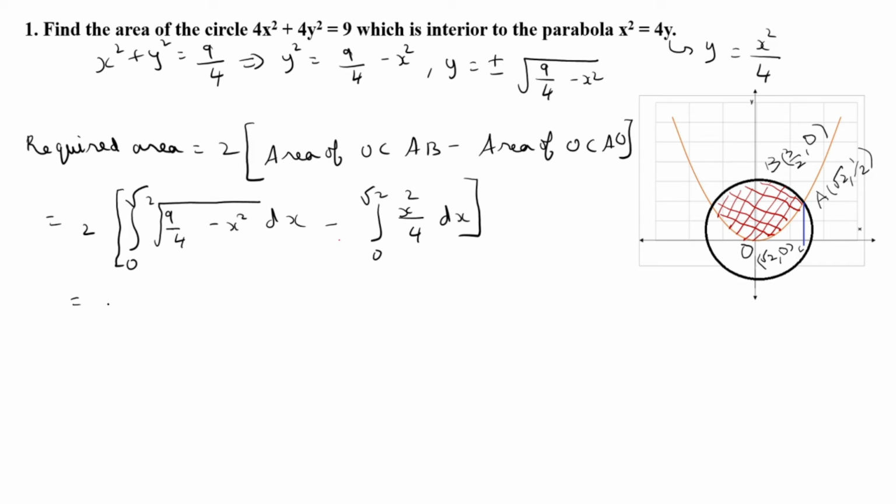So this is equal to 2 times, we know that integral root of a square minus x square dx is x by 2 root of a square minus x square plus a square by 2 sine inverse of x by a.